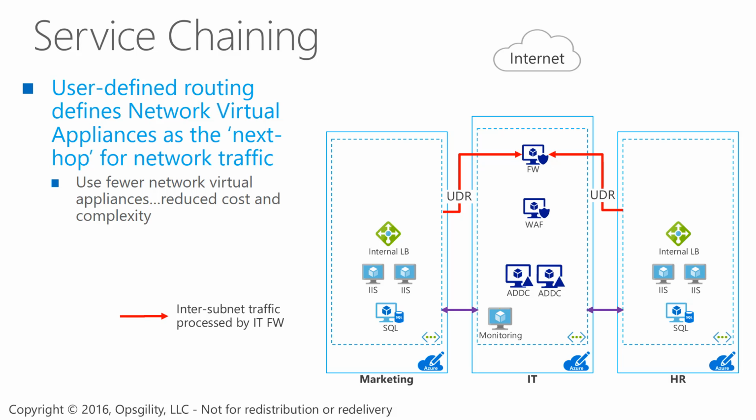So in the context of VNet peering, traffic leaving a subnet in one VNet can be directed to a virtual appliance in another virtual network. You can see in this example, traffic leaving the marketing and the HR subnets is being directed to use a firewall appliance in the IT virtual network.